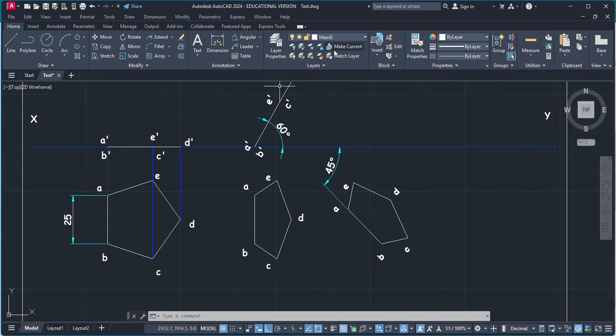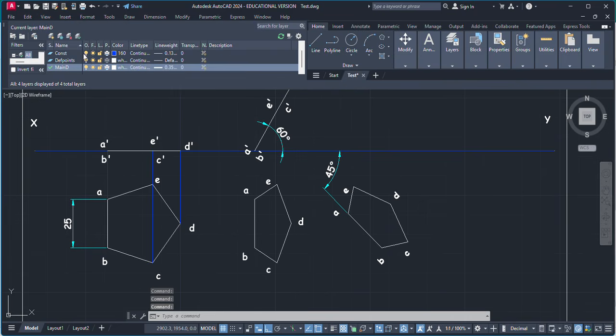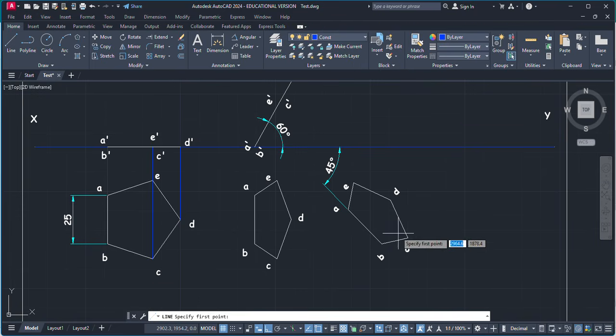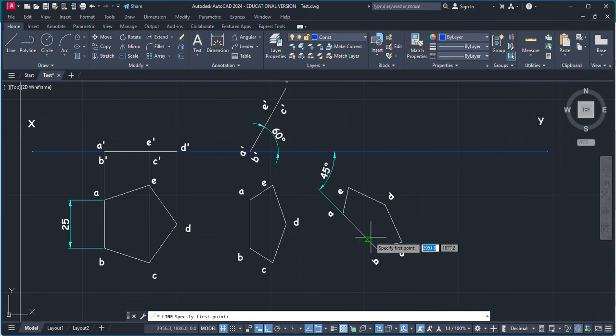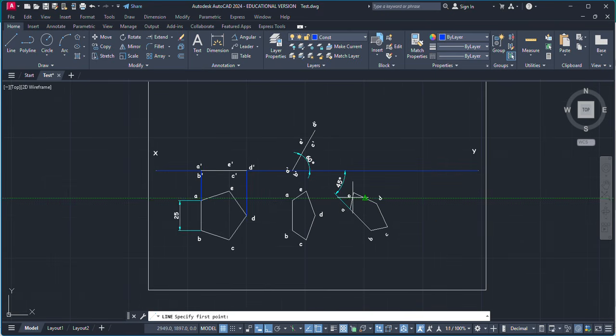Now from this point, we can do one more thing. We need to trace the front view. While this pentagon lamina is inclined with the HP here and with the VP here, now you have to see how it looks in the front view.